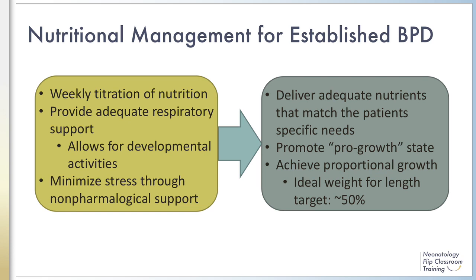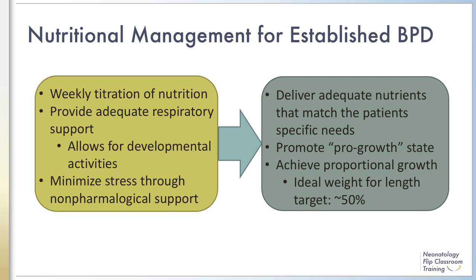Unfortunately, data regarding optimal nutritional interventions in patients with BPD are limited. However, the current data do support that the nutritional management goal in this population should be to deliver adequate nutrients that match each patient's specific needs, so as to promote a pro-growth state and achieve proportional growth. Linear growth has been associated with lean body mass accretion and organ growth and development.